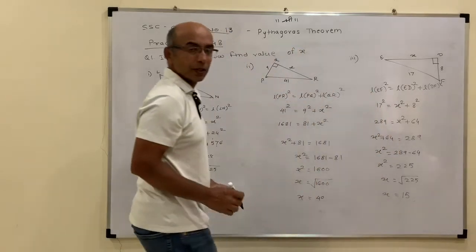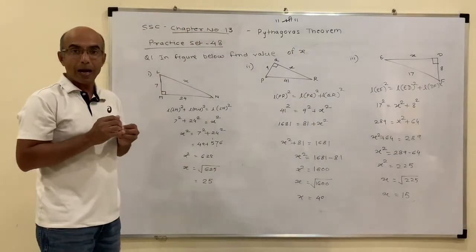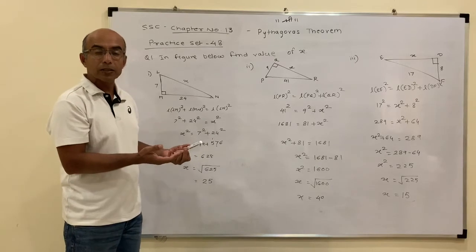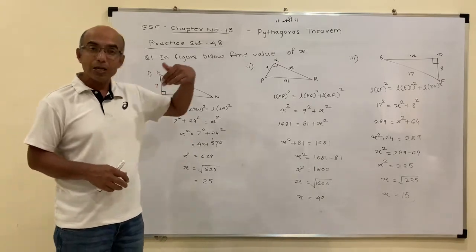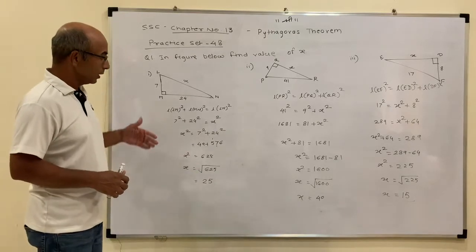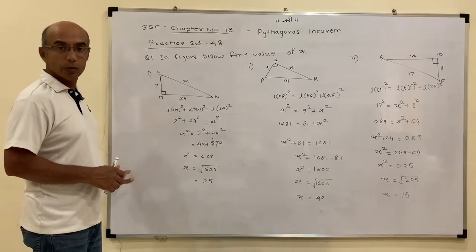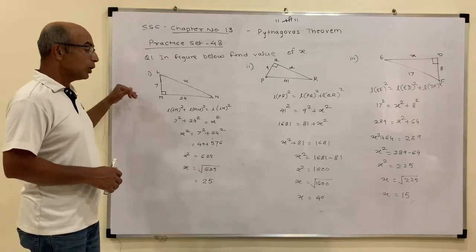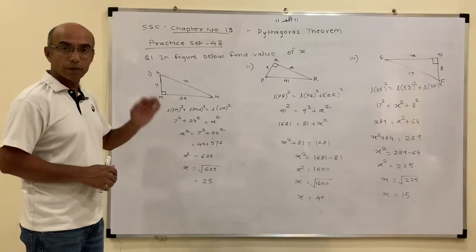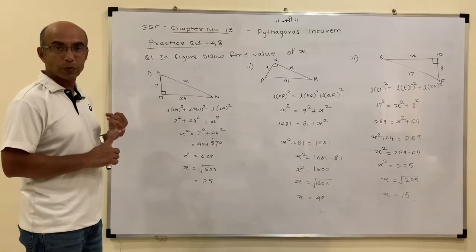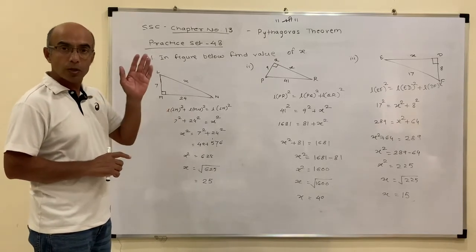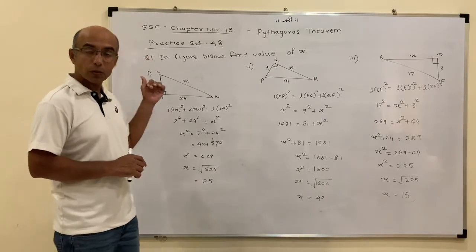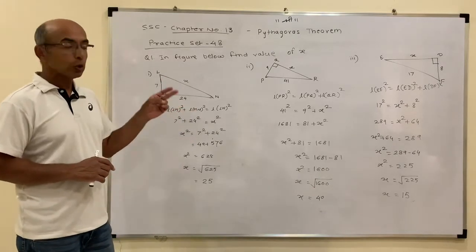So as I mentioned, it's better you learn by heart the squares of numbers up to 30, because those are going to come so frequently. So rather than spending and losing a lot of time in the exam doing rough calculation, it's always better to learn by heart the tables from 1 to 30 and the squares from 2 to 30.